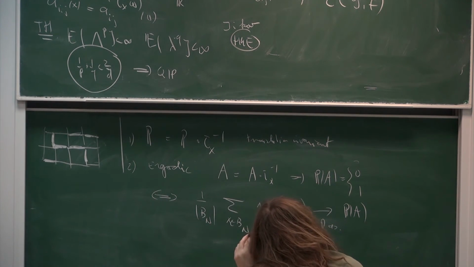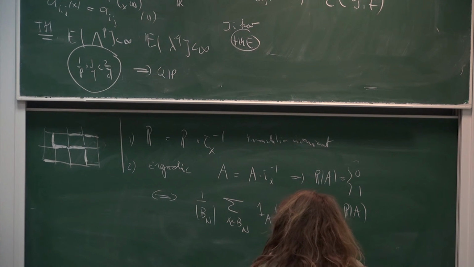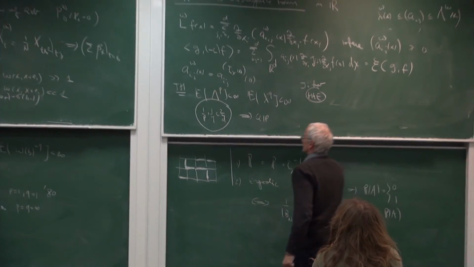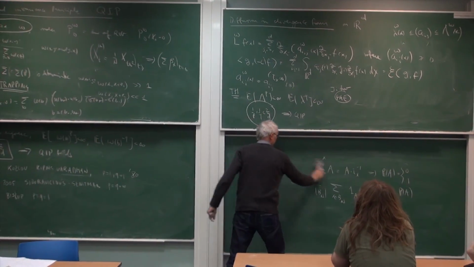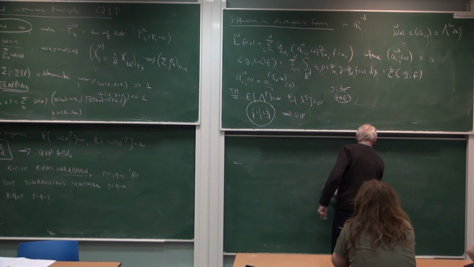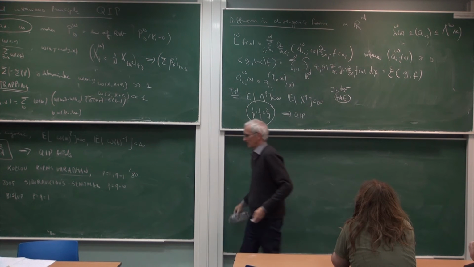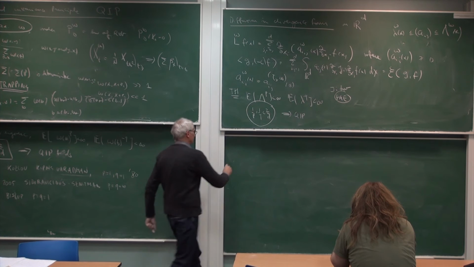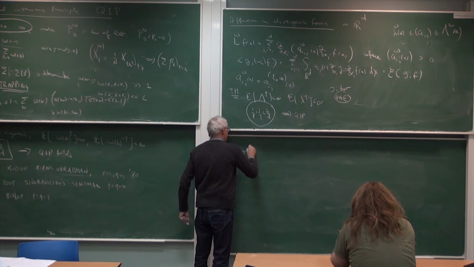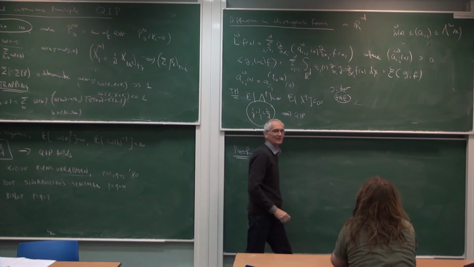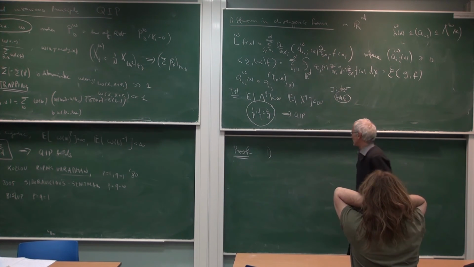What is interesting in this model is that the proof relies on two types of completely different arguments. The first part is a purely probabilistic argument.